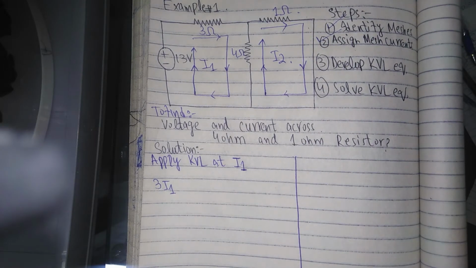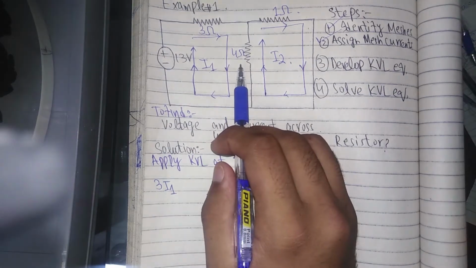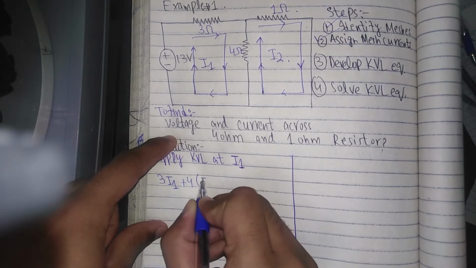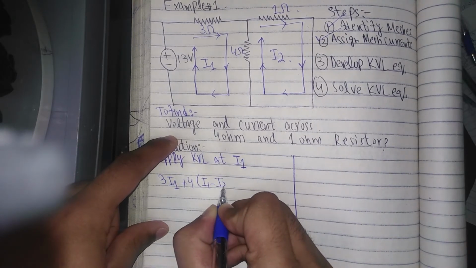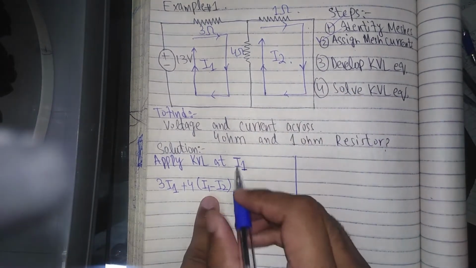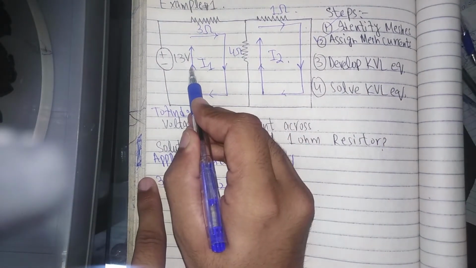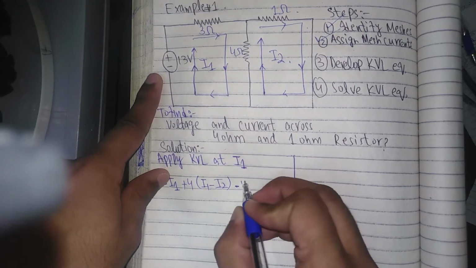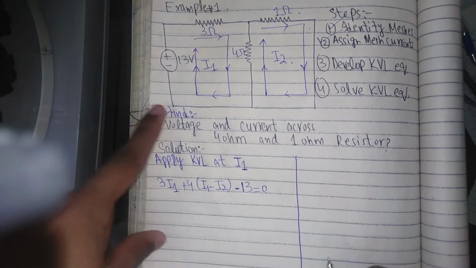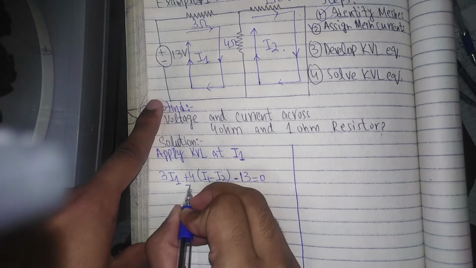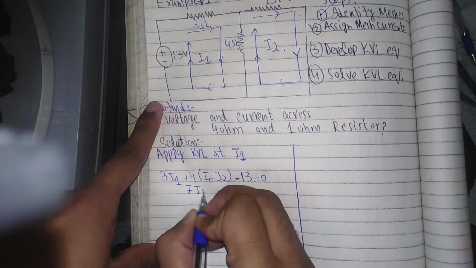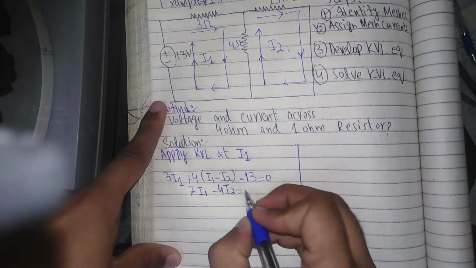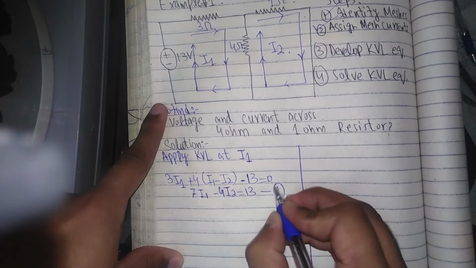Currently we are in loop I1, so we will write plus 4 into (I1 minus I2). Minus because it is in the opposite direction. Now next we come here. Here it starts with the voltage negative sign, so we write minus 13. We will simplify that equation. It becomes 7I1 minus 4I2 equals 13. It is our equation number 1.